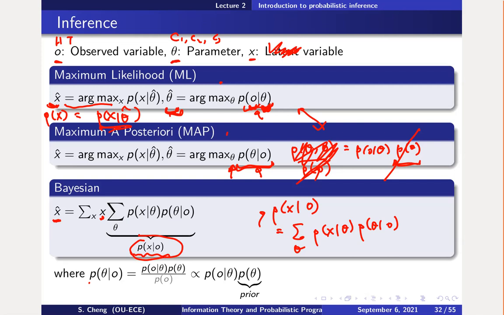I think this is very important, even though once you know it, it's very simple, but I want to make sure you get the difference between MAP, maximum likelihood, and Bayesian estimate. Especially, there are people who always get confused with MAP and Bayesian.